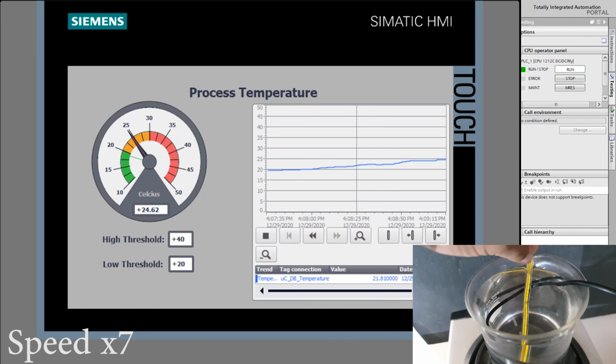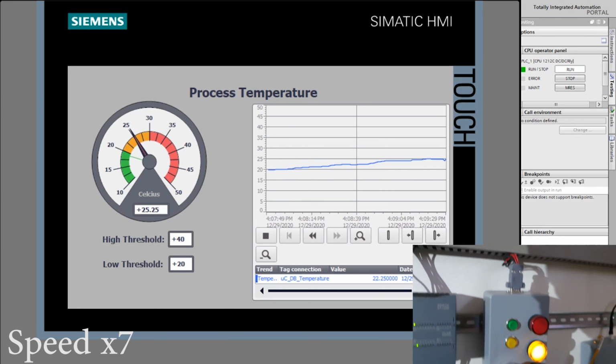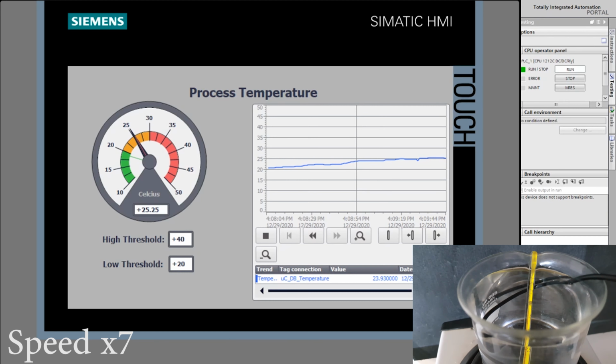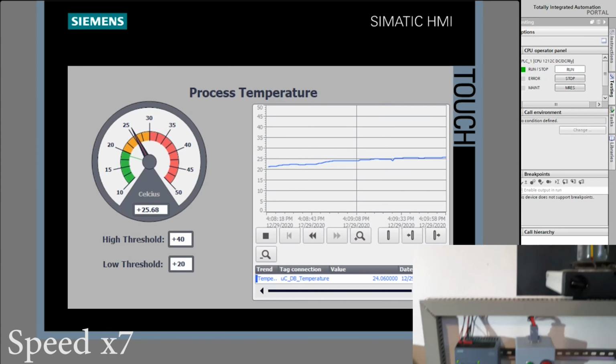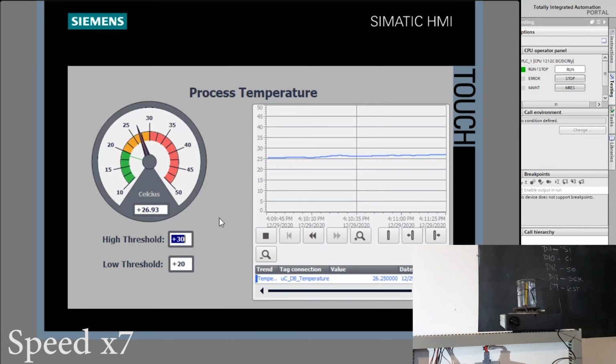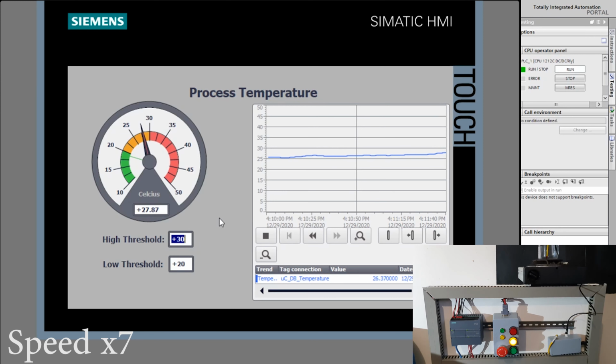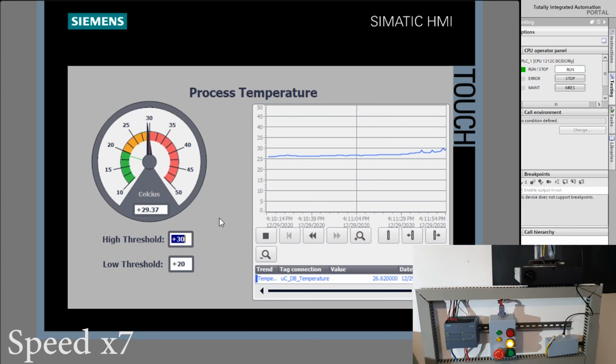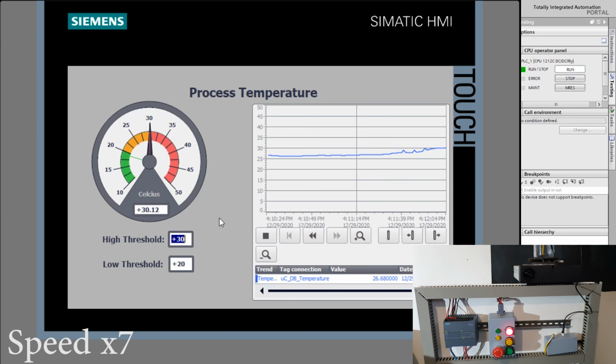In all the tests we're going to compare the temperature with the analog thermometer so we can check the accuracy of the temperature being read by the sensor. Right now the temperature is exceeding the high threshold and the red indicator has turned on.